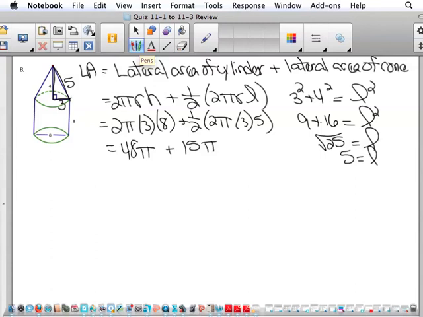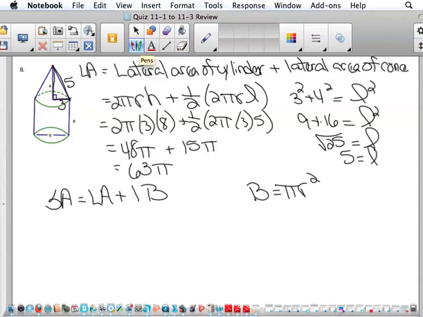Then I need to just add those together. 48 plus 15, I get a total lateral area of 63 pi. The total surface area, remember, is the lateral area plus only one base this time. We only have one base. The area of the base, it's a circle, so pi r squared.